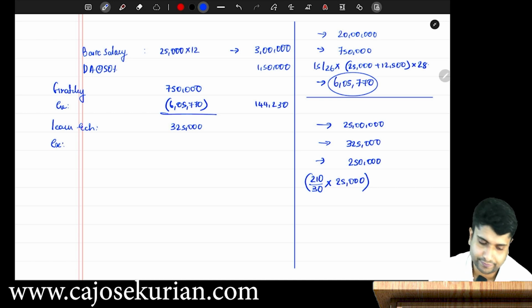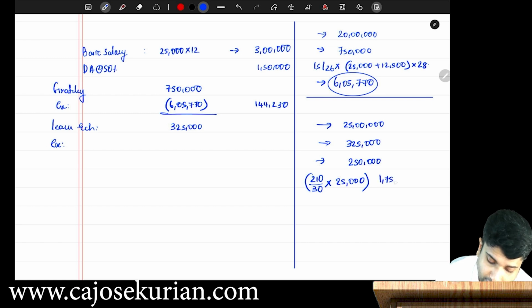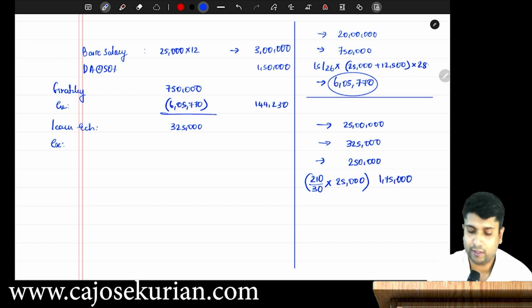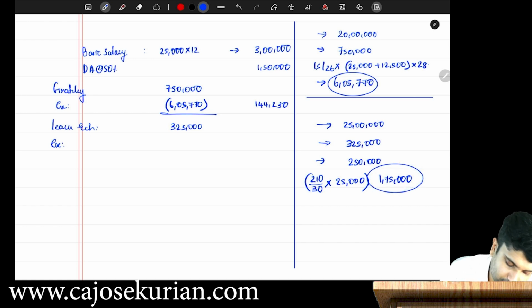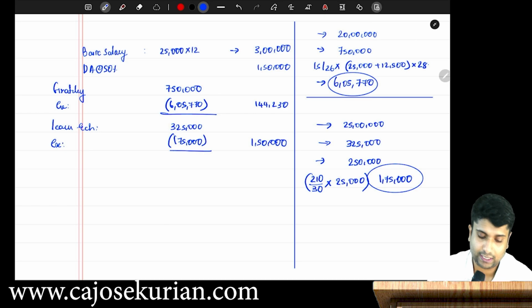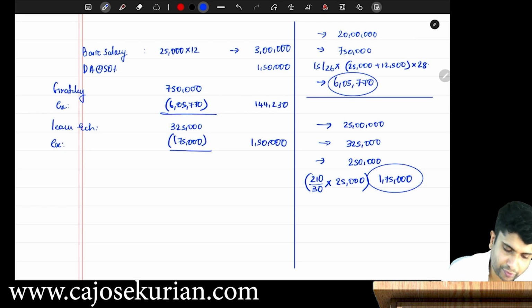How much is that? 1,75,000, the round figure. Okay. Now, whichever is lower, 1,75,000. So if you deduct 1,75,000, how much will it be? 1,50,000 will be the taxable amount out of it. Moving on with the next one.